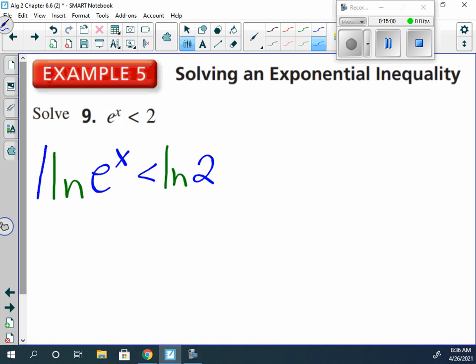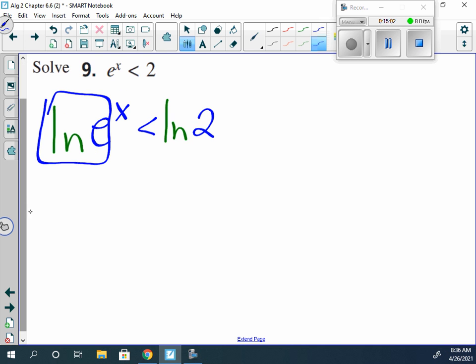And as we saw last week, ln of e simplifies to 1, leaving us just with our x, because the x does move out front. Right about here, equals ln of 2.